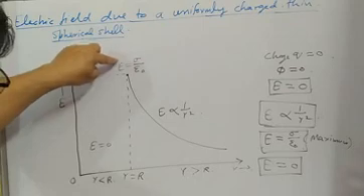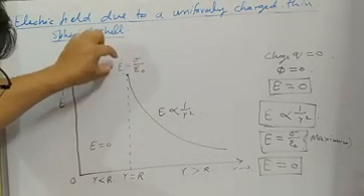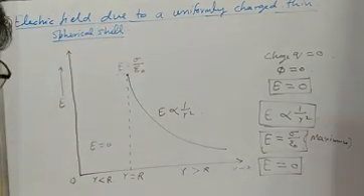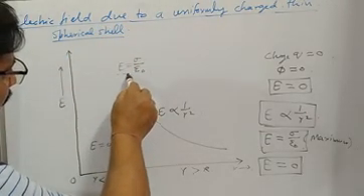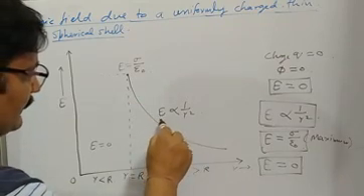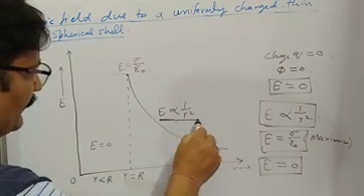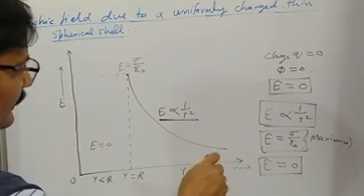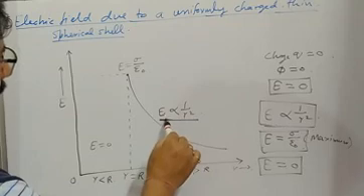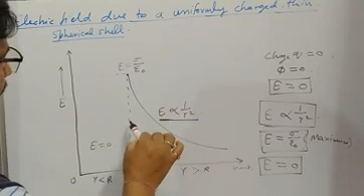On the surface of the spherical shell, the electric field is maximum, that is E is equal to sigma divided by epsilon naught. As we move outside the spherical shell, the electric field starts decreasing as E is proportional to 1 by r square. So this is the graphical representation of the variation of electric field due to a charged thin spherical shell.